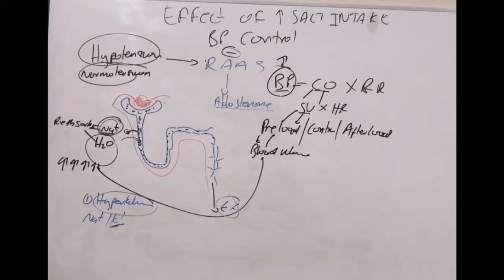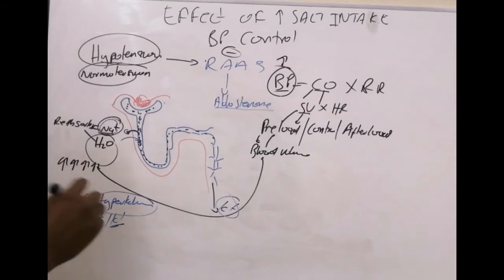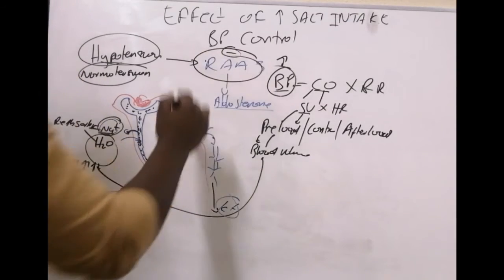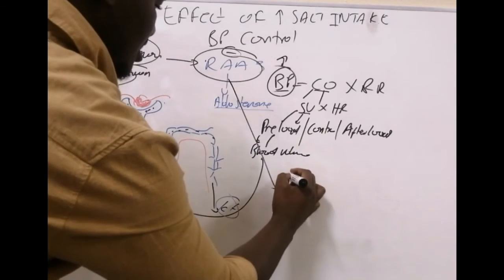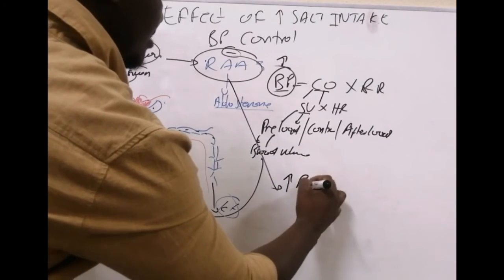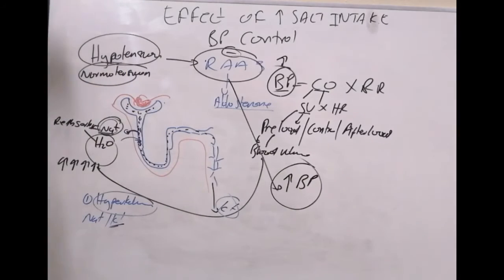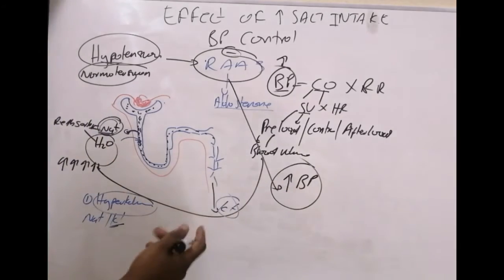So now, guys, we have seen that aldosterone, or the RAAS system, what this system is concerned about is increasing blood pressure. That's what it's concerned about, increasing blood pressure. So it increases blood pressure by doing what?